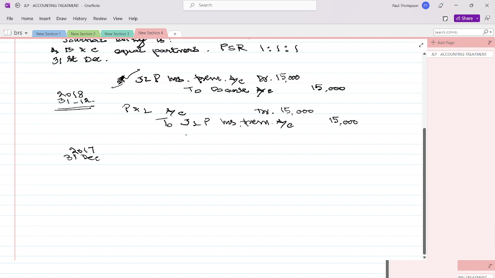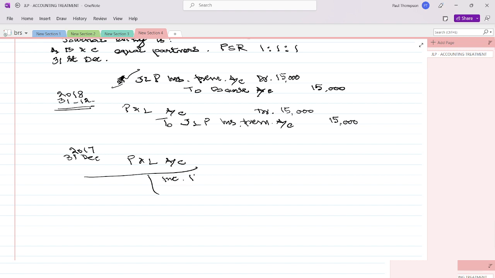In that case, what will happen? In your P&L account, the income will appear as 1,20,000. This total 1,20,000 will be transferred to P&L appropriation account.